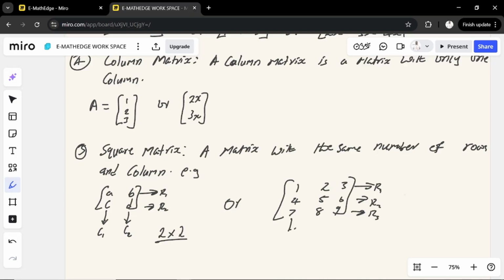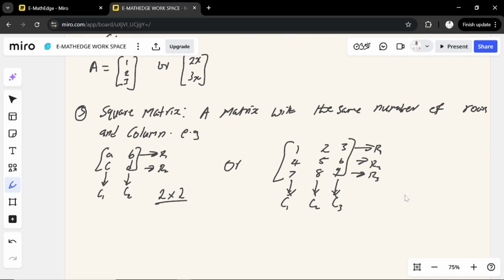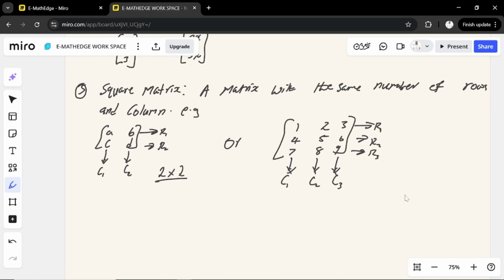Here also we have column 1, column 2, and we also have column 3. So in this case, we have 3 rows and 3 columns. So the order of this matrix becomes a 3 by 3 matrix. So since the number of rows and number of columns are the same, it is identified as a square matrix.